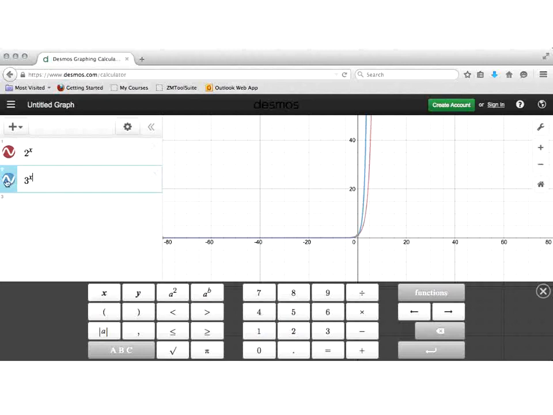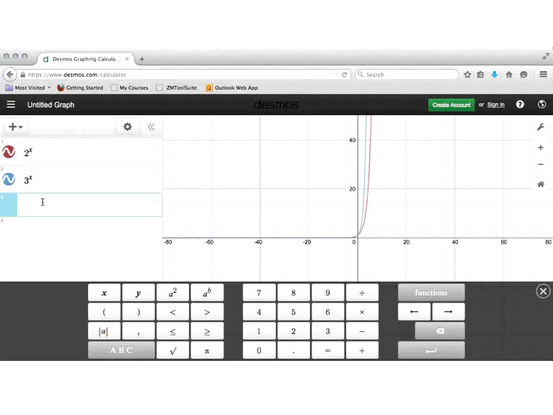So my 2 to the x is red, my 3 to the x is blue. What can you tell me about these lines? As my number increases, what's happening to the graph? Compare the blue one to the red one. The blue one is increasing faster. It's steeper. Good job.